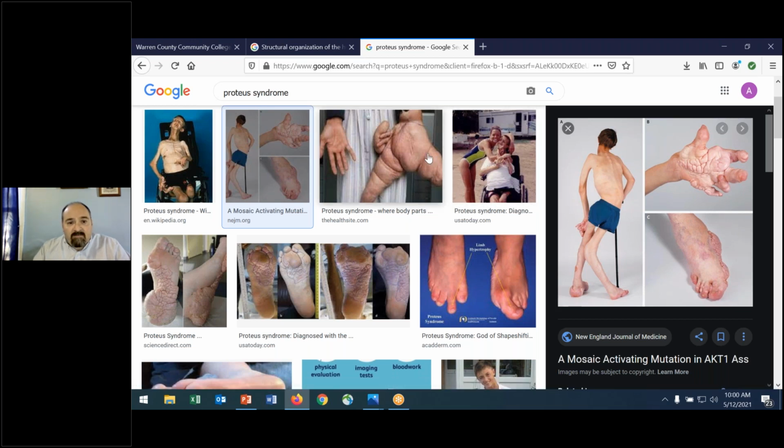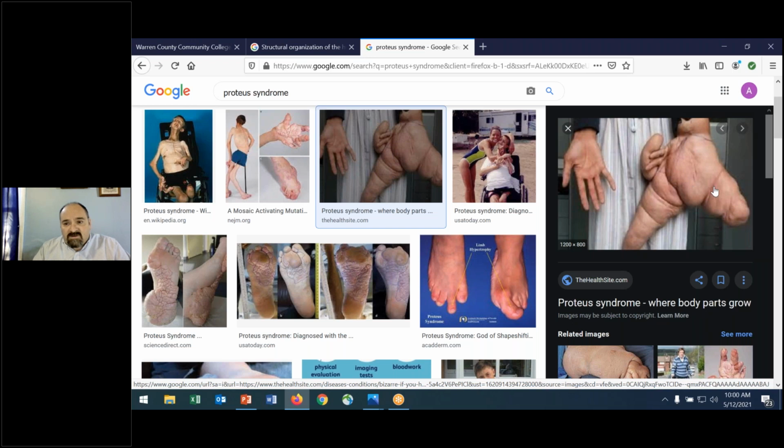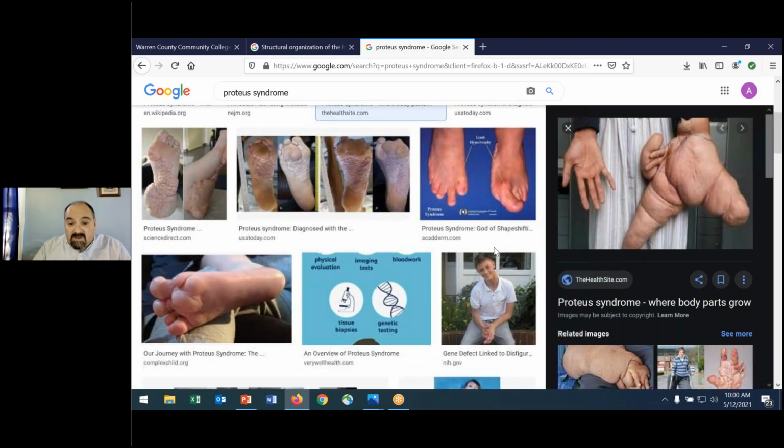This is a hand, folks, and it's quite sad indeed to see that folks suffer with this asymmetry that can take place as development takes place within the human body. This is just one aspect called Proteus syndrome.